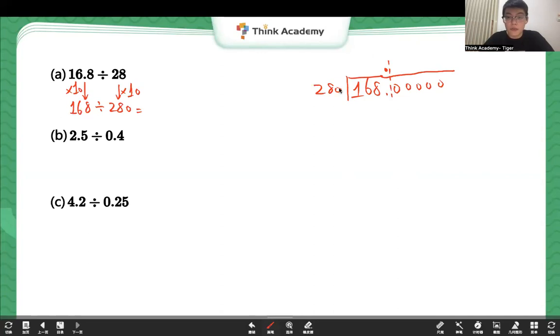Okay, so first of all, if I'm dividing 168 by 280, I know that's going to be a 0 right there. So what I have is 0, right? And the next place, 1,680. So now you're taking the 0 into account as well. 1,680 divided by 280.